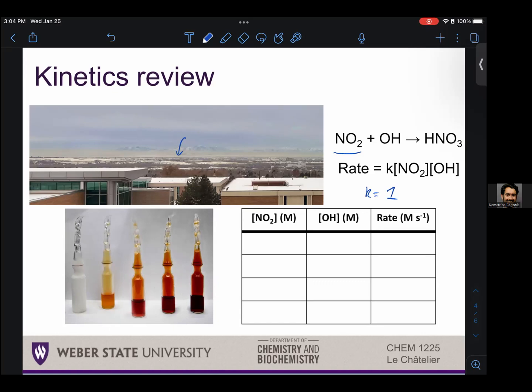And the way that this rate expression works, there are multiple combinations of the NO2 concentration and the OH concentration that can give you the same rate. So for example, if you have 2 molar NO2 and 1 molar OH using our pretend rate constant of 1, the rate is then 1 times 2 times 1.